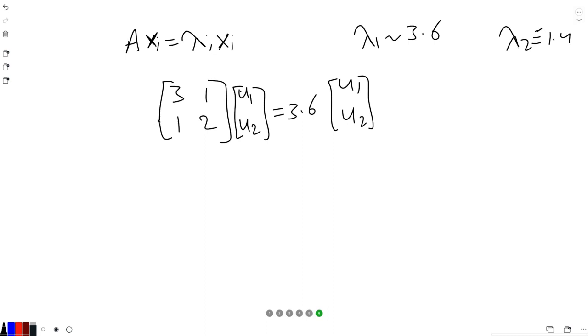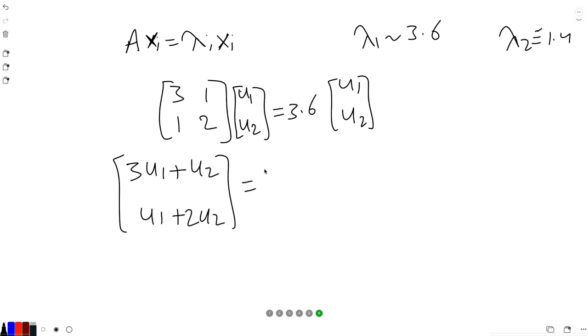Okay, now how to find this? We can just do the matrix multiplication with the vector, so it becomes 3 u1 plus u2. This is the first equation, as you can see. The second equation is u1 plus 2 u2, and this will be 3.6 u1 and u2.